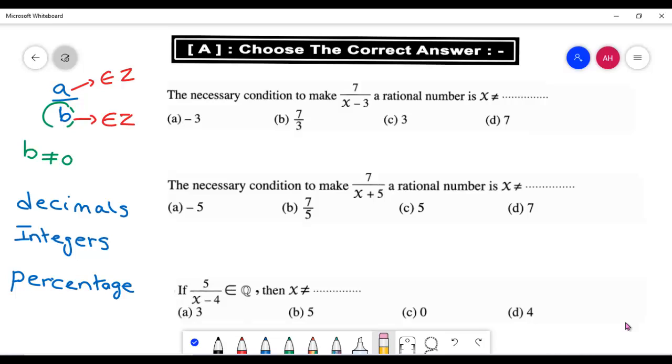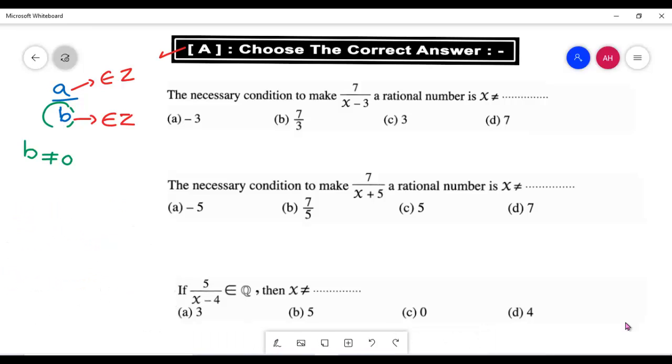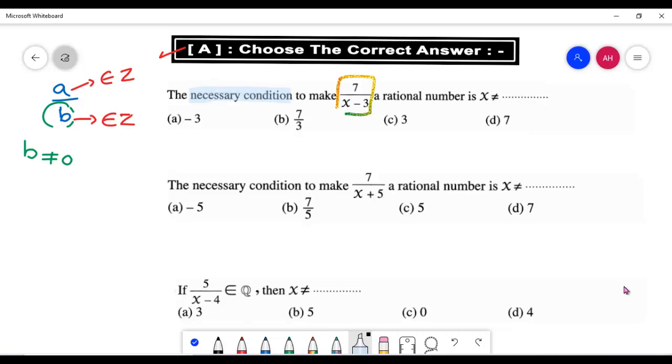So let's start solving our first question, which is a multiple choice question. Let's go now for the first one. The necessary condition to make 7 over x minus 3 a rational number. I am already given the number in the form of a fraction, and the most important, necessary condition to make a fraction a rational number is that my denominator is not equal to 0.